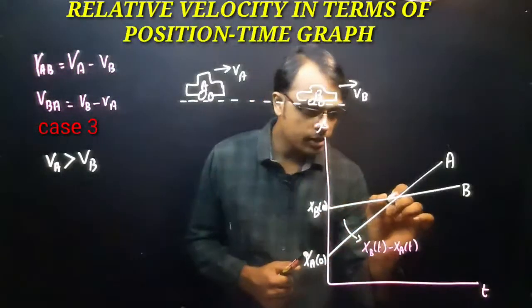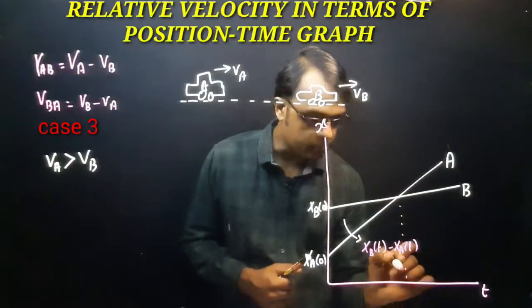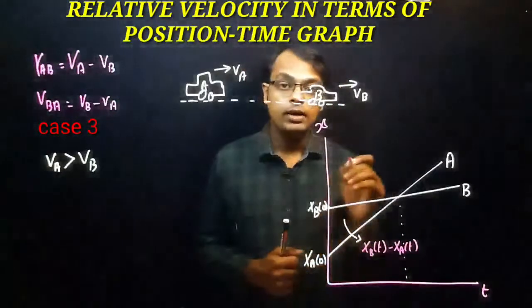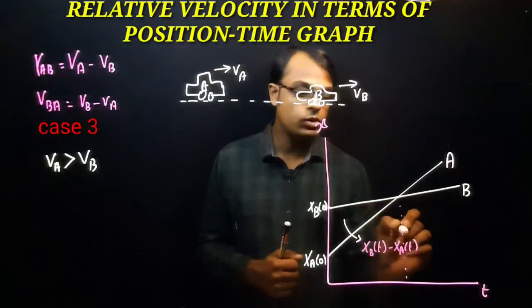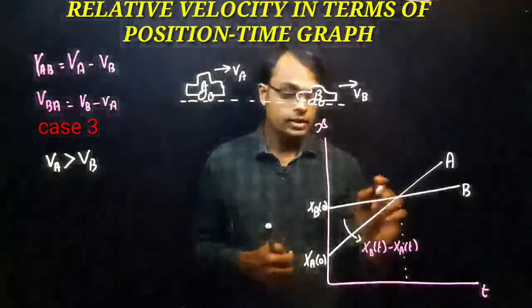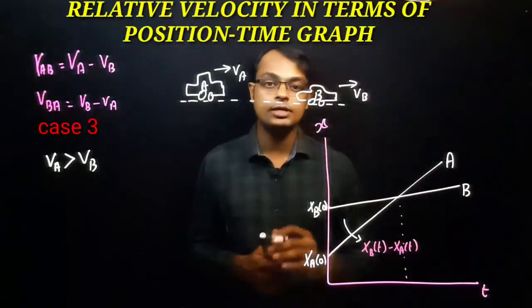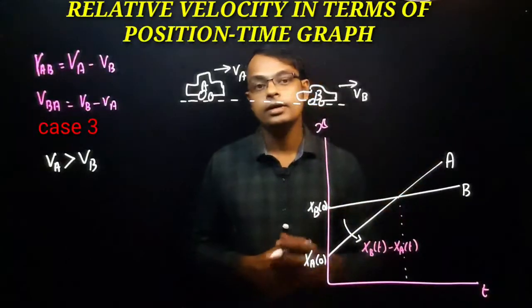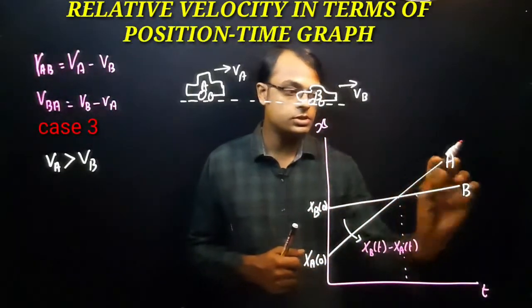At one particular point, at this particular time, what will happen to XB of t and XA of t? They become equal. At this point, XB of t is equal to XA of t. Now after this, you can see the relative separation increases. That means car A is now chasing car B and moving ahead of car B, right? So the relative separation increases.